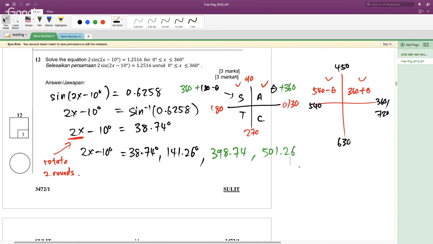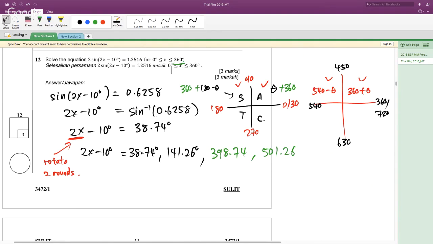All right, why do I get the angle beyond 360? Because at the end, I want to find x. When I want to find x, I need to divide by 2 for all my angles here. So therefore, I will actually find the value beyond 360 first. And then after I divide by 2 back, I will get the value still within the range.